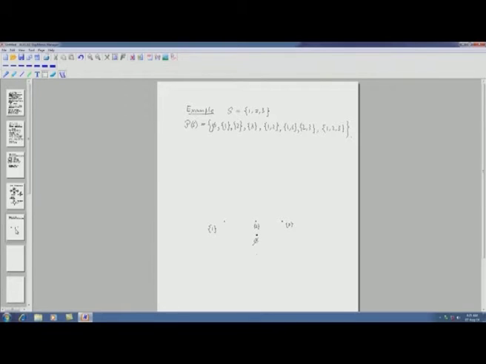Now, we see that I have a direct relation from phi to 2. So, this is a straight line, this is a straight line, and this is a straight line.